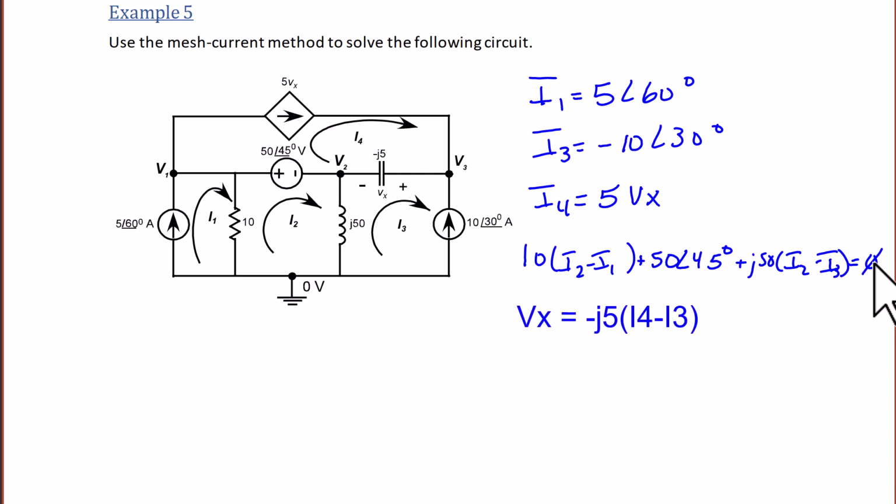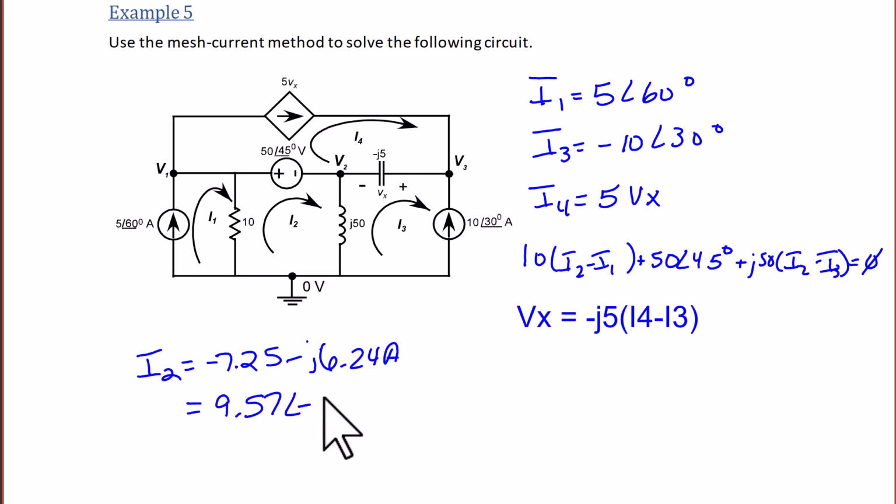The constraint equation is Vx equals negative j5 times (I4 minus I3). And when we solve the system of equations, we get that I2 is equal to negative 7.25 minus j6.24 amps, which is equal to 9.57 with an angle of negative 139 degrees, or 9.57 e to the negative j2.43 amps.